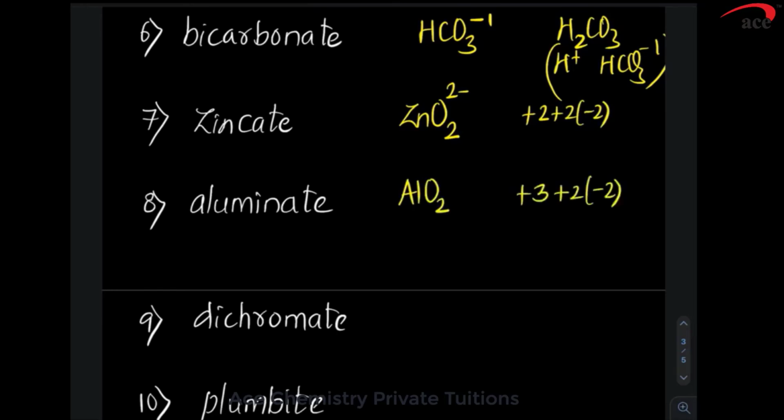Aluminium plus 3, oxygen minus 2 with 2 oxygens, so the charge will be minus 1. Dichromate, Cr2O7 2 minus. Plumbite, PbO2. In plumbite, lead is in the lower oxidation state of plus 2. 2 oxygens with minus 2, so the charge is minus 2. Plumbite is PbO2 2 minus. You can verify all the answers.